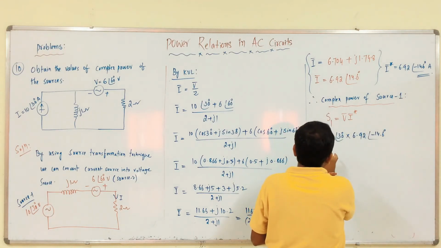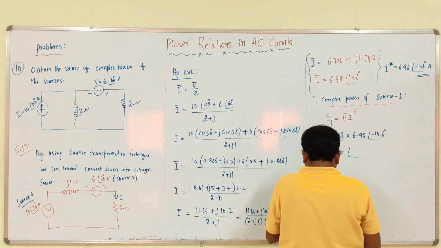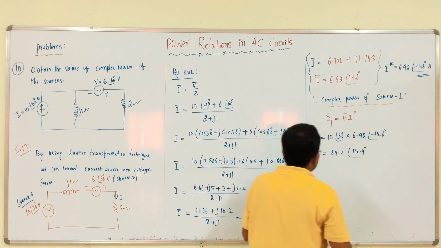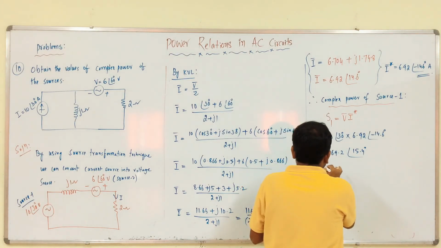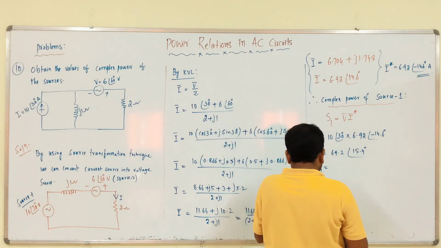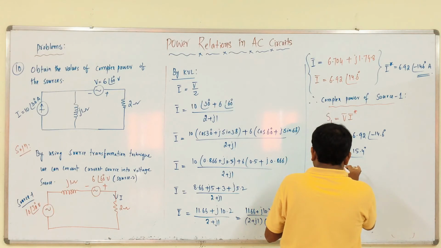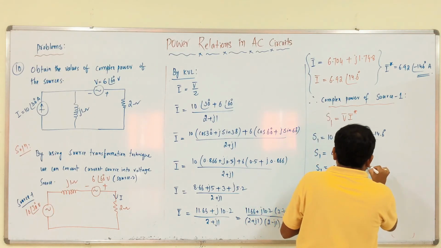So, from this S1 is what? 69.2 at an angle 14.6 plus 30, we can get 15.4 degrees, right. So, this is in polar form. Therefore, S1 is 69.2 at an angle 15.4, which equals 66.7 plus J 18.3.